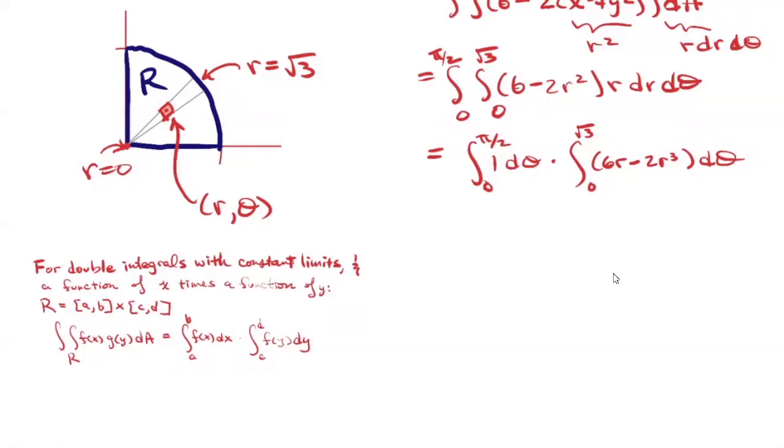So obviously, this first integral is pi over 2, times the second integral, which I'm going to just let you trust me on. It's 9 over 2. So the second part is 9 halves, and in the end you get 9 pi over 4. You can check my work on that, but I think I checked it in Maple, so I'm pretty sure that's good.